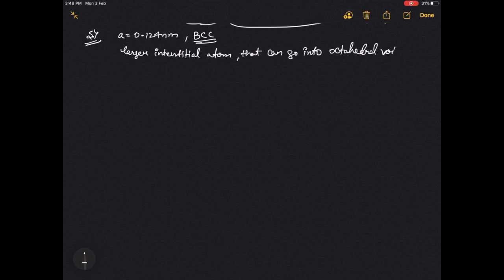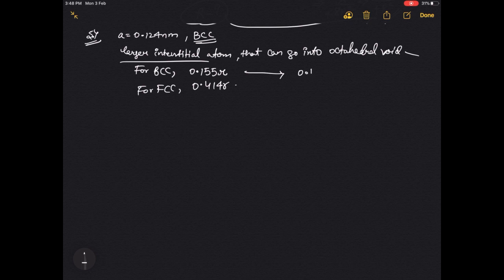So this we know directly, right? For BCC, the largest atom that can go into the octahedral void is 0.155 R, whereas for FCC it is 0.414 R. So by putting this formula, 0.155 into 0.124 nanometer, I'm calculating here, and we will be getting 0.0192.